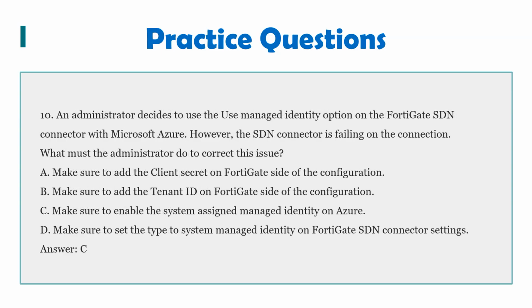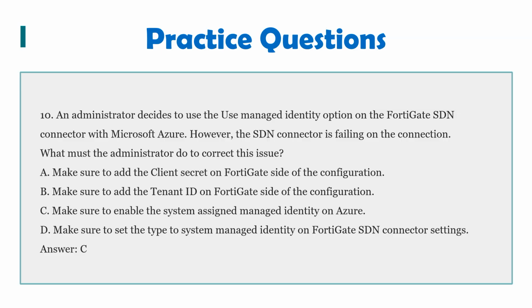10. An administrator decides to use the Use Managed Identity option on the FortiGate SDN connector with Microsoft Azure. However, the SDN connector is failing on the connection. What must the administrator do to correct this issue? A. Make sure to add the client secret on FortiGate side of the configuration.